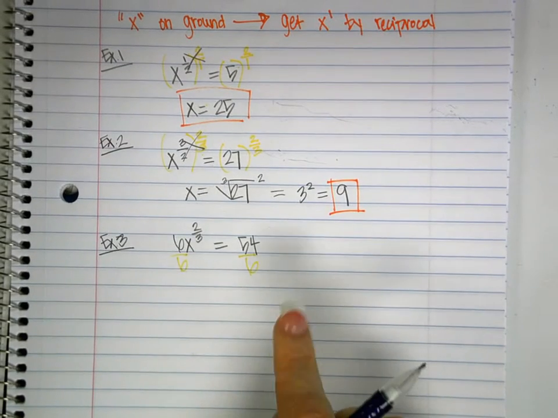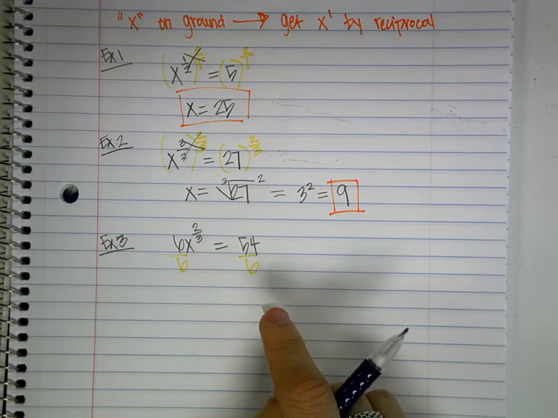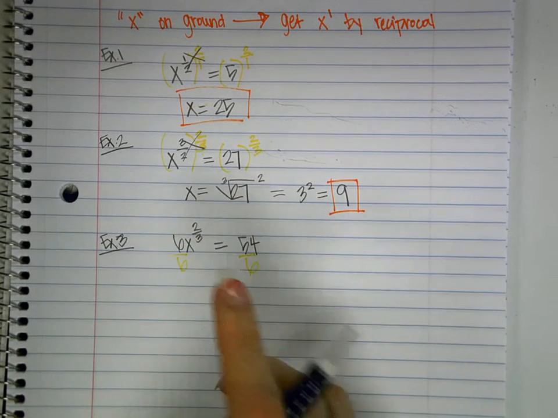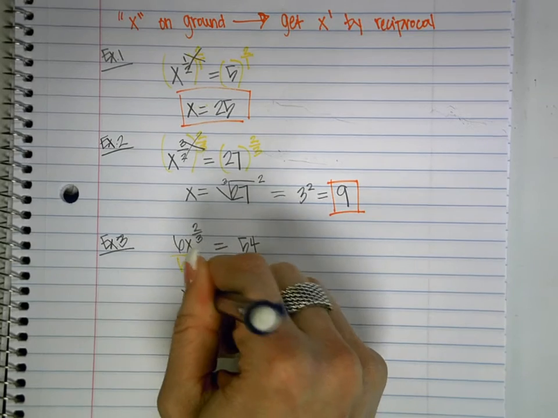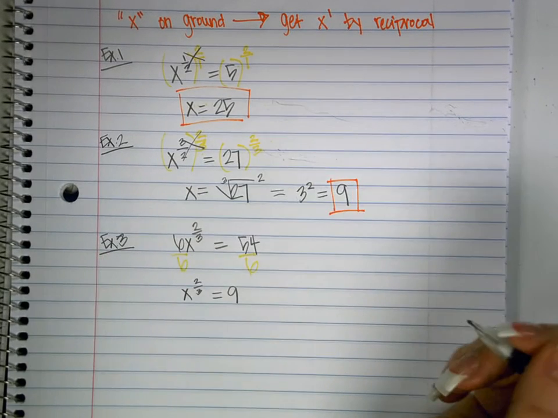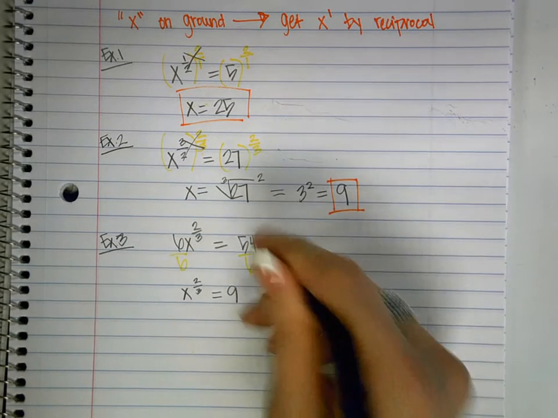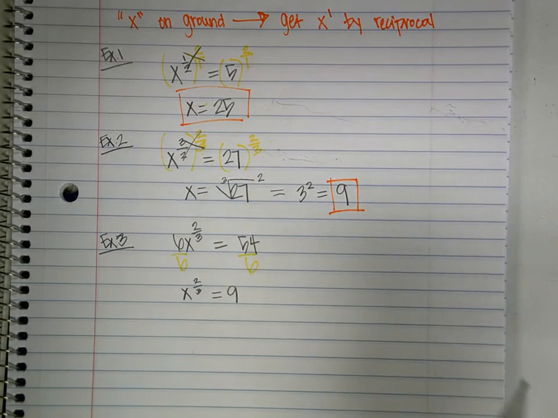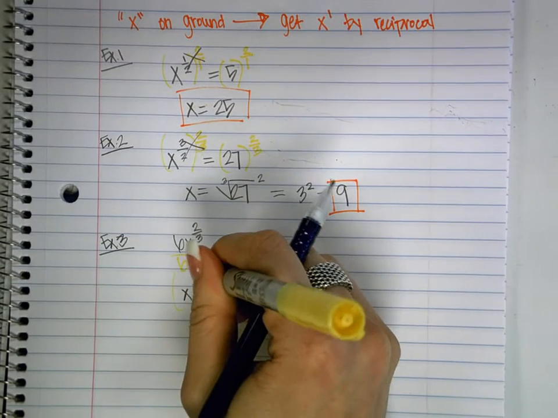Before we can take this to the reciprocal power, we have to have x by itself. If you divide both sides by 6, we get x to the 2/3 equals 54 divided by 6, which is 9. Now that I have that by itself, I can take it to the reciprocal power. What is the reciprocal power? 3 over 2.